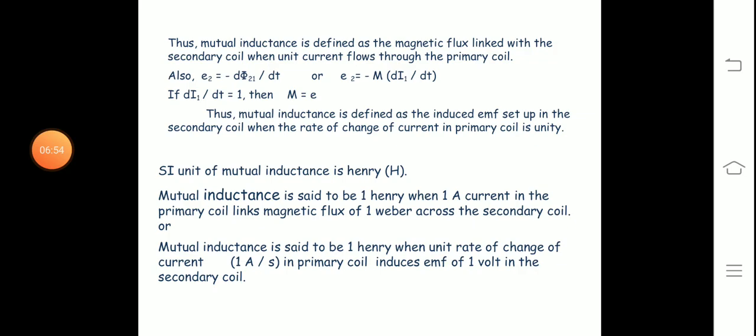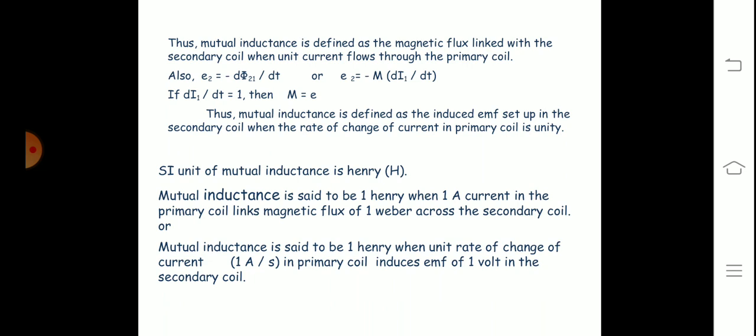So mutual inductance can be defined by using Faraday's laws of electromagnetic induction. By using E is equal to minus d phi by dt, and on substituting the value of phi2, we will get E2 is equal to minus M di1 by dt, where E2 is the induced EMF in the secondary coil and I1 is the current flowing through the primary coil.